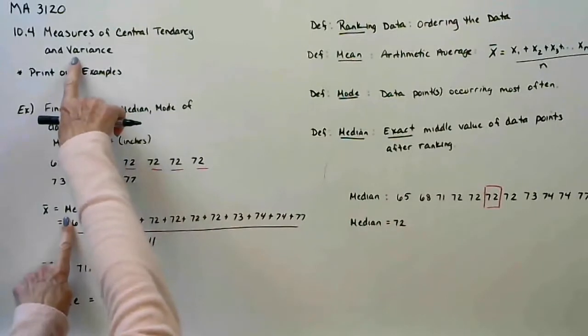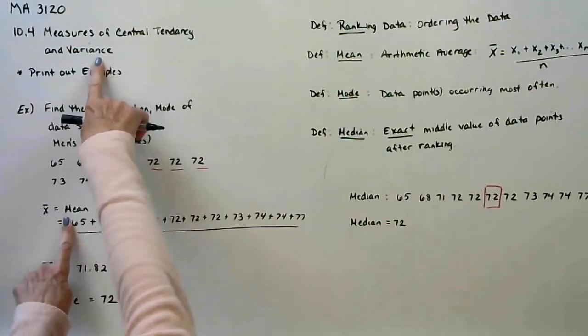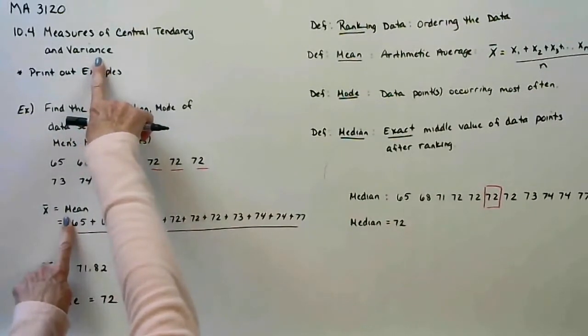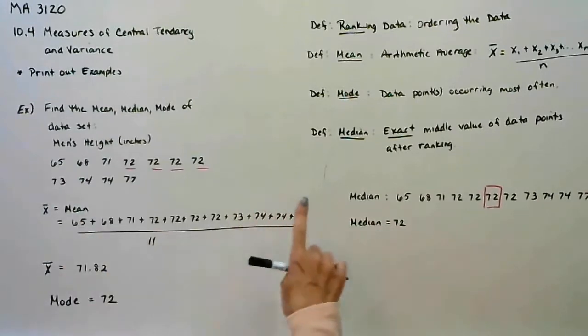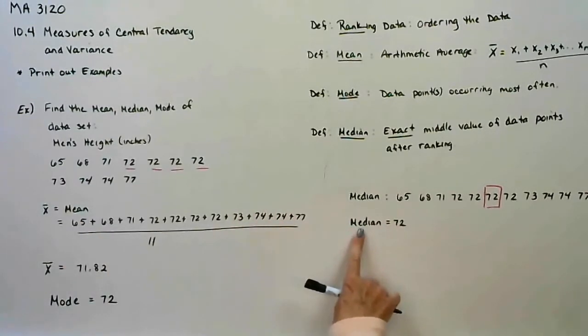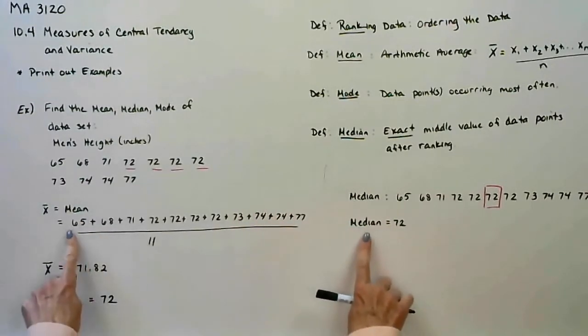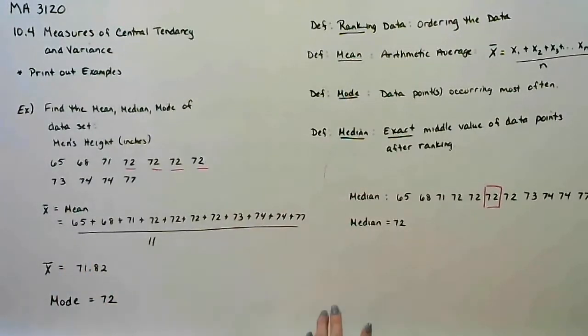Once we start looking at the spread or the variance, if we're talking about standard deviation, we worry about starting from the mean. But if we're looking at a quartile and we're looking at a box and whisker plot, then we need to focus on the median. So we need to make sure we can calculate both of these before moving on to spreading the data.